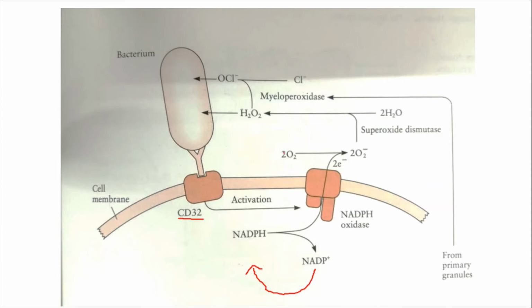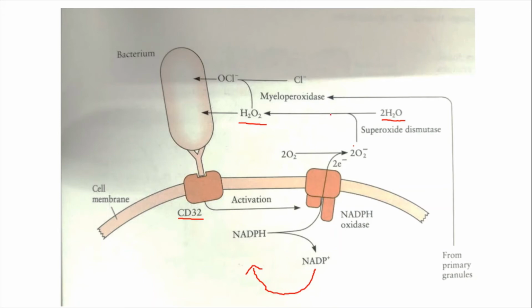Moreover, the tissue contains some oxygen molecules. So two oxygen molecules combine with the two electrons to form a free radical, superoxide, O2 minus. This very dangerous reactive species is immediately catalyzed by superoxide dismutase, with the combination of 2H, to form hydrogen peroxide.